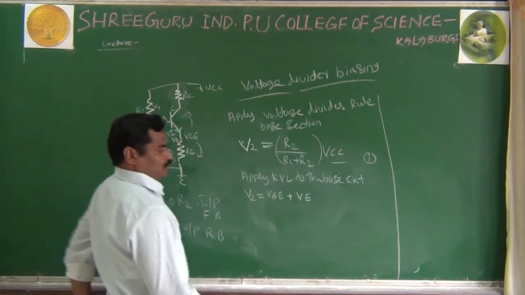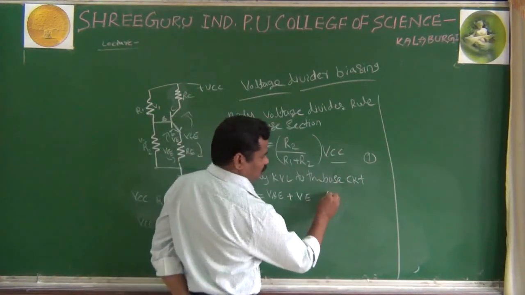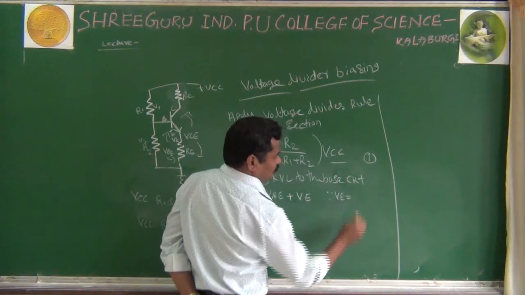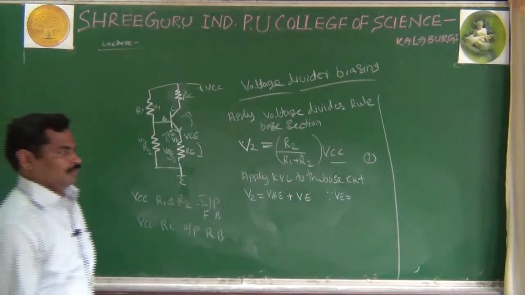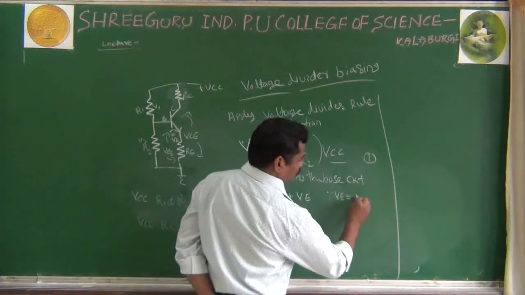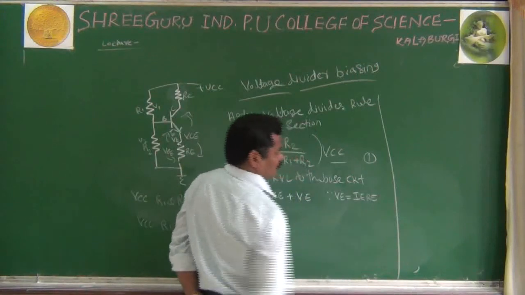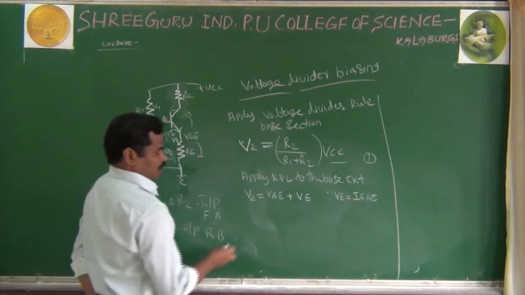Then, according to Ohm's law, what can you write? V is equal to I into R. It means VE is equal to IE into RE. Then keep V2 as it is.